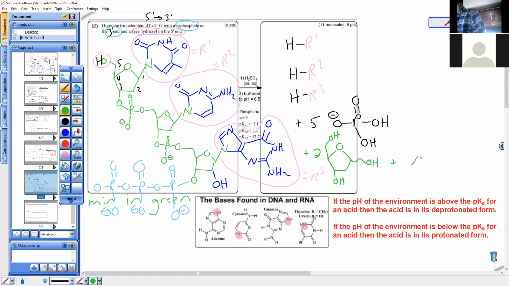And you're going to get one straight up ribose from the bottom part. Mixture of alpha and beta. You can use the squiggle. And that's the end of that question.